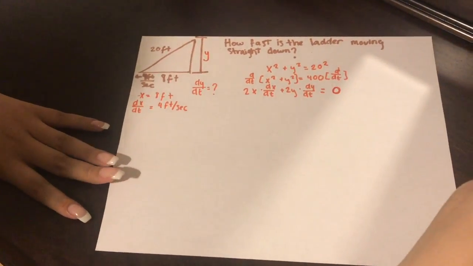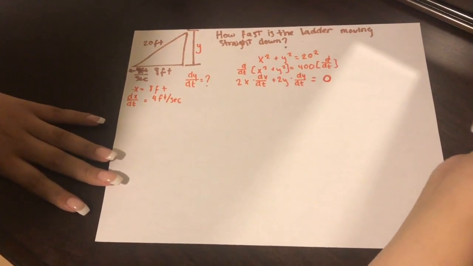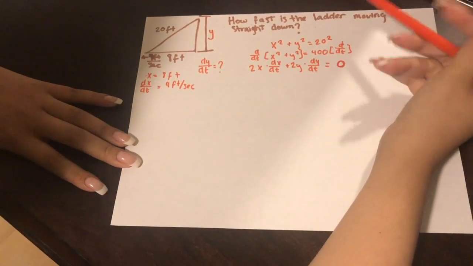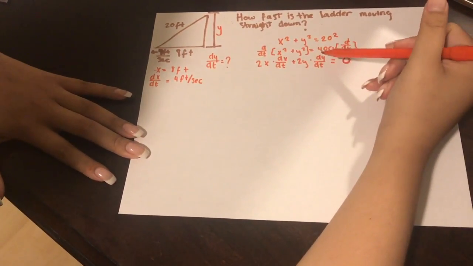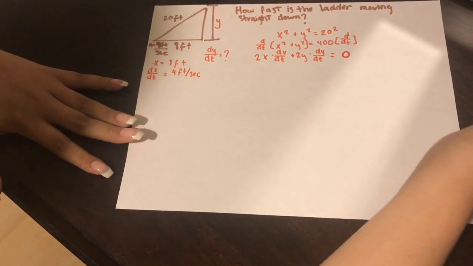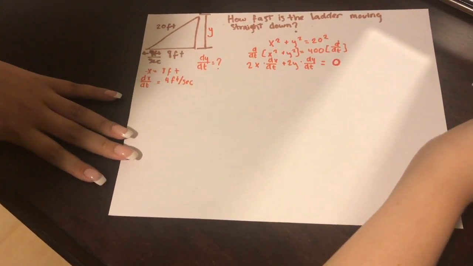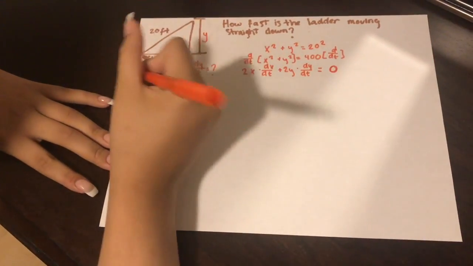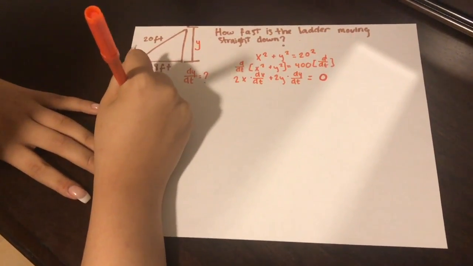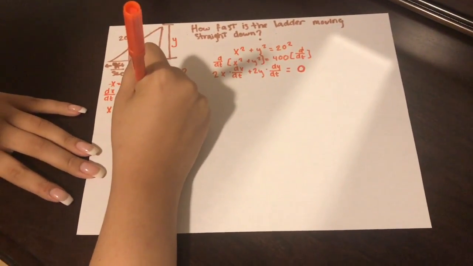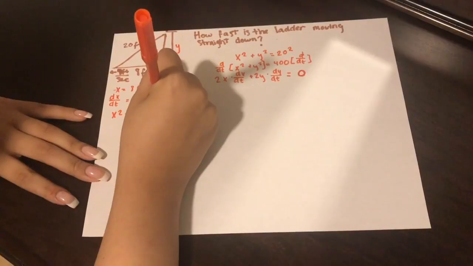So in order to solve, we know what x is, we know what dx over dt is, and we are trying to find what dy over dt is. So we still need to find y. And to find y, we can simply use the Pythagorean theorem that we have up here. So x squared plus y squared equals 20 squared.